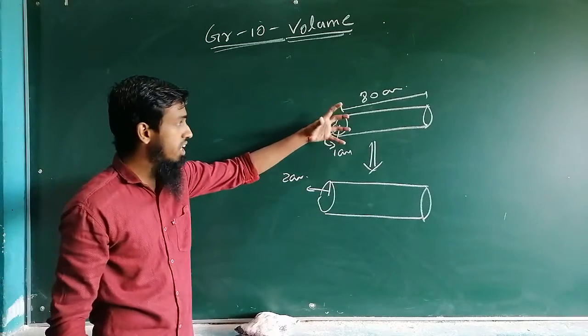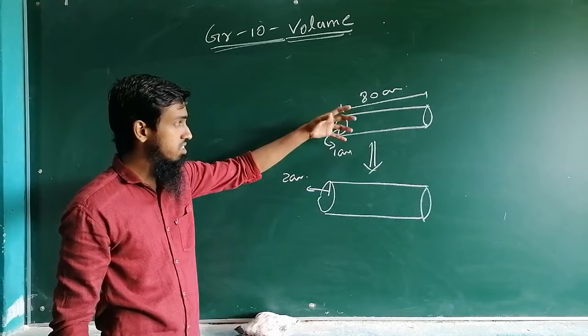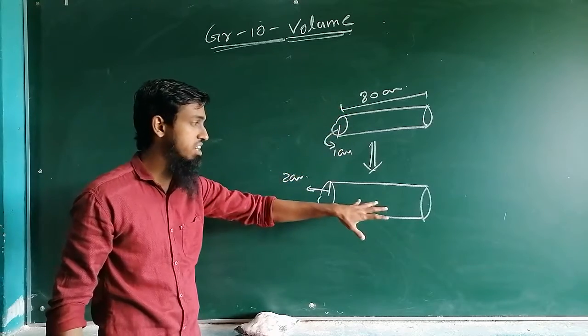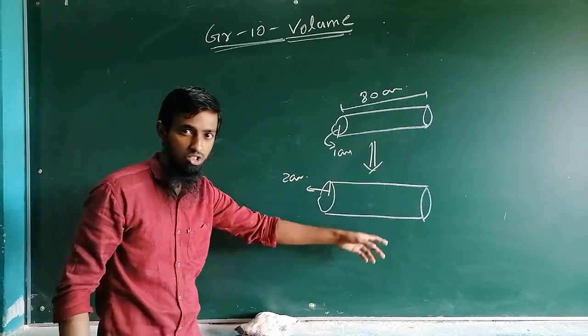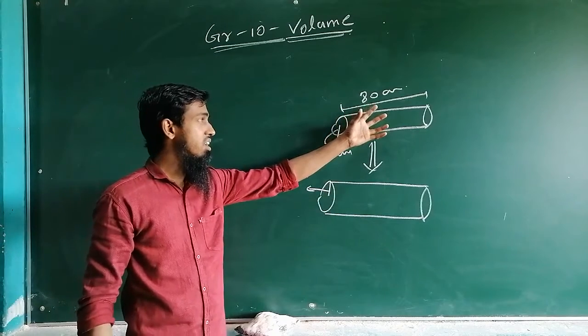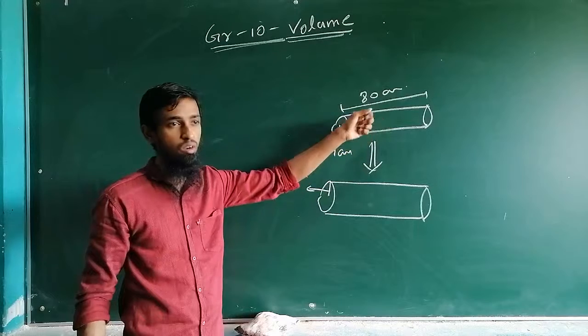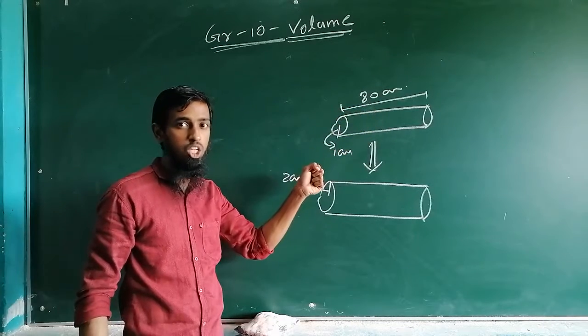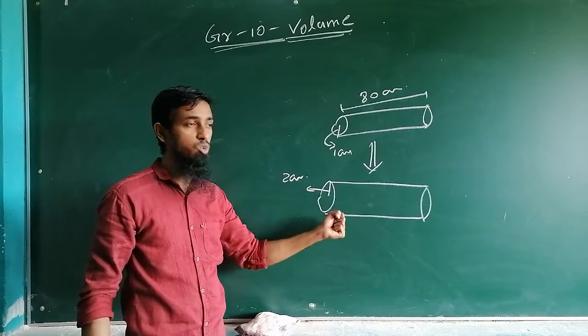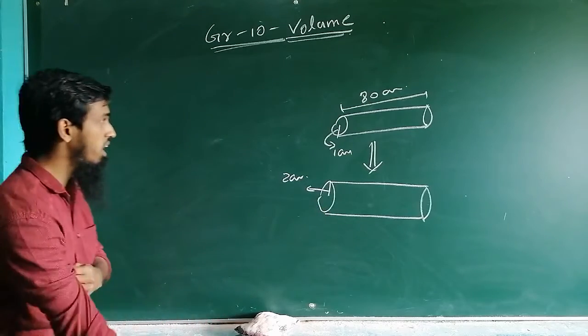A solid metal is melted and another solid shape is created. So the initial volume of the material we used is equal to the volume of the new shape. That is our idea.